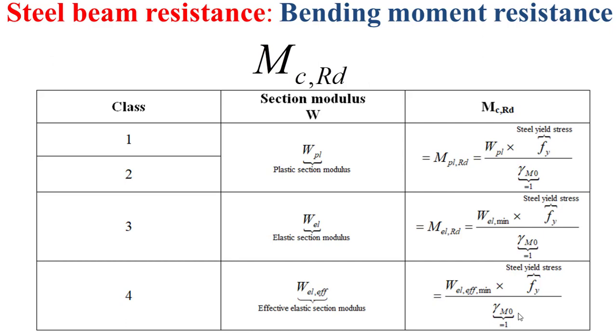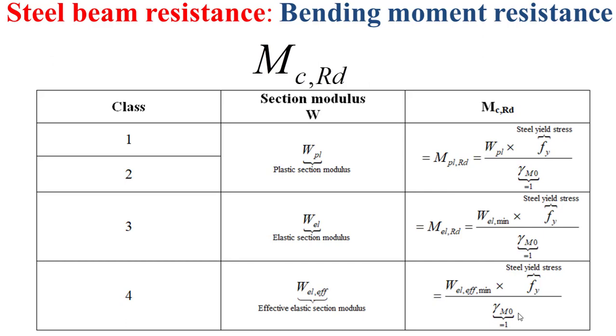For the cross-section class 3, the cross-sectional bending moment resistance is equal to MELRD, of course EL here to say elastic, which is equal to the elastic section modulus multiplied by the steel yield stress divided by gamma M0, which is equal to 1.